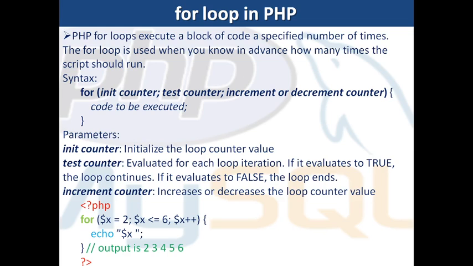Syntax is for loop: init counter, the initial value of the variable, then test counter, the conditions to test, and based on the conditions, either the initial counter is incremented or decremented. And if the conditions are met, then the code will be executed.